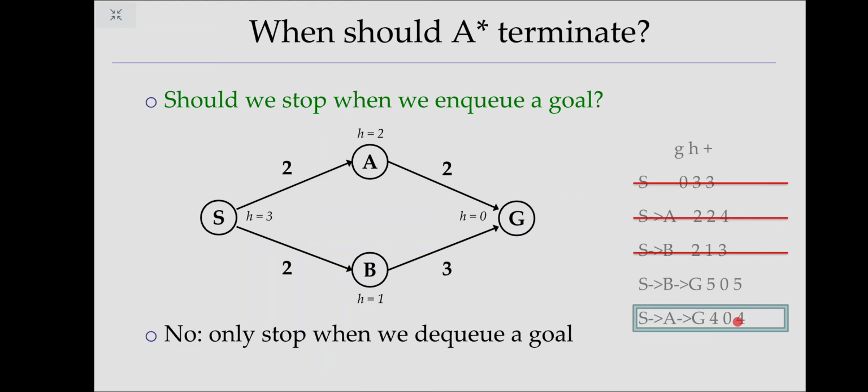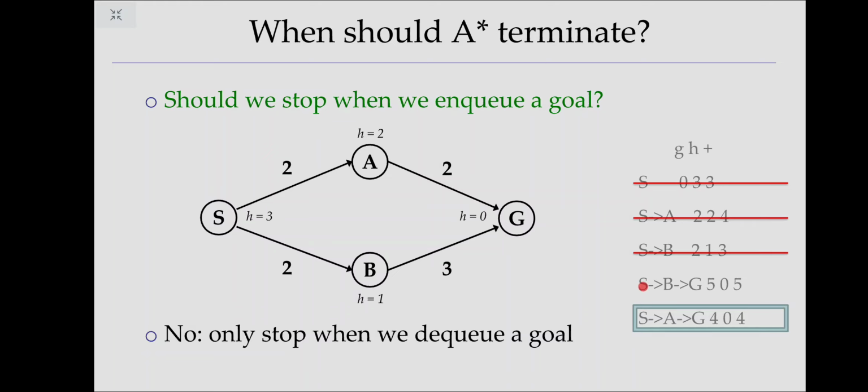The node with the least F is chosen as the optimal solution. S, A, and G is the optimal solution, whose G and F are equal because H is 0. This is the optimal solution.